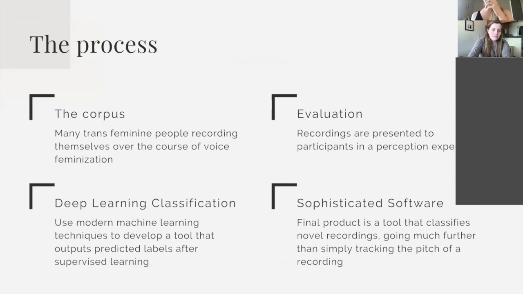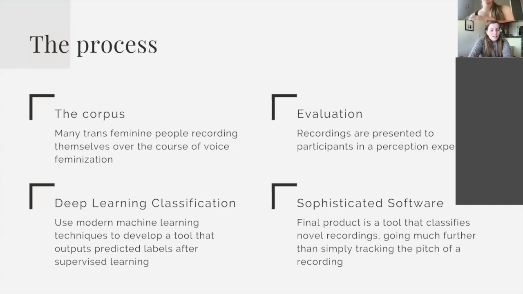And so the way I'm thinking about approaching this is, you have a lot of recordings of trans women or trans feminine people in general feminizing their voices, and then another group of people evaluate those recordings on dimensions, unclear, but say you could get reliable evaluations of how feminine the voice sounds, for example.